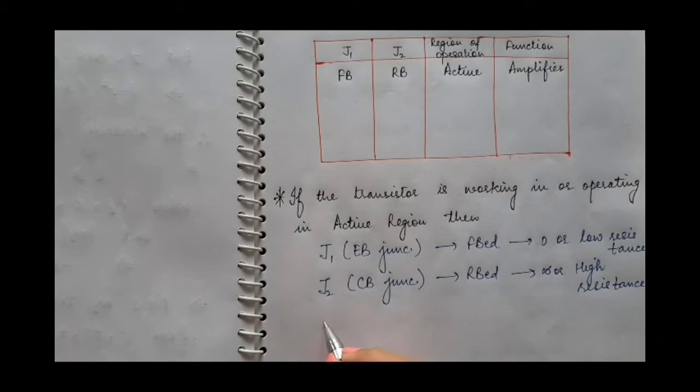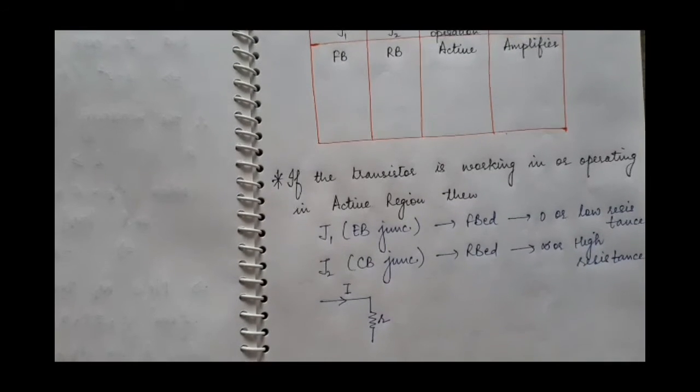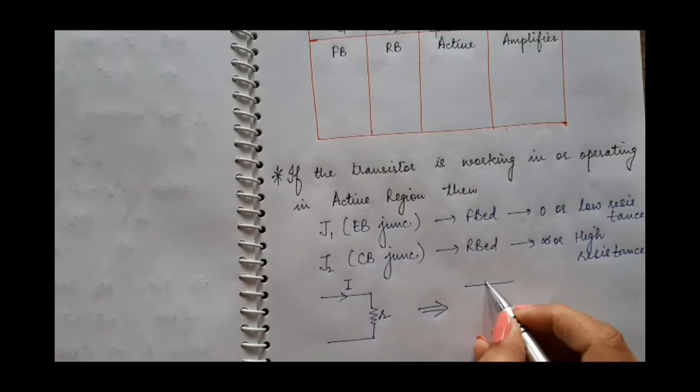You can see, suppose this is the current I flowing through the input circuit. The input junction J1, as it is forward biased, will offer low resistance, and suppose that low resistance is small r. Then this same current is transferred to the output section, and the same current I flows through the output section.